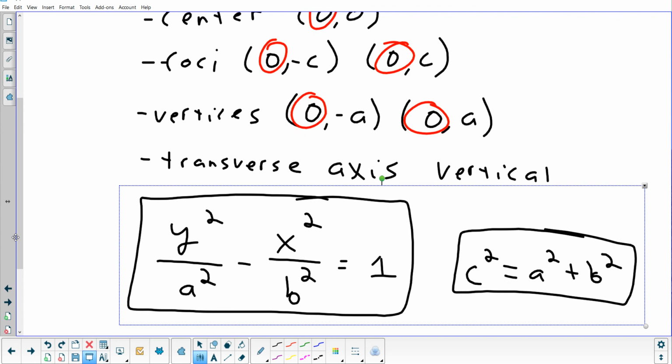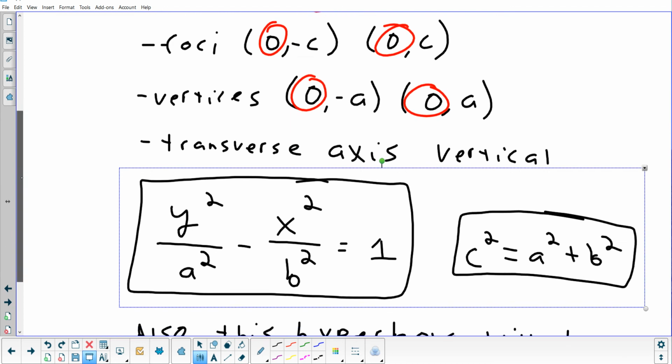So this will have asymptotes as well, but the slope is a little different. Does everyone have up to the foci? Okay.